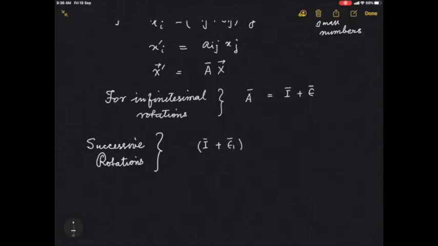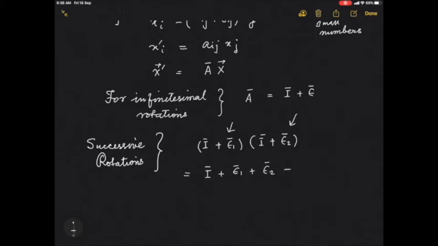Successive rotations will now mean that I have epsilon 1, and then I multiply this by the first. So this is the first rotation, this is the second rotation.